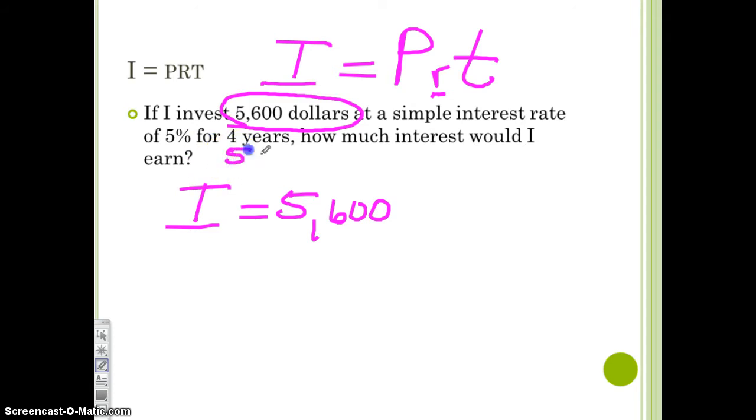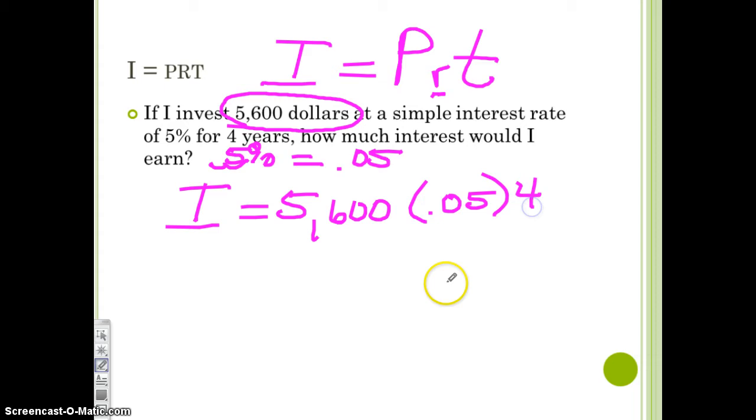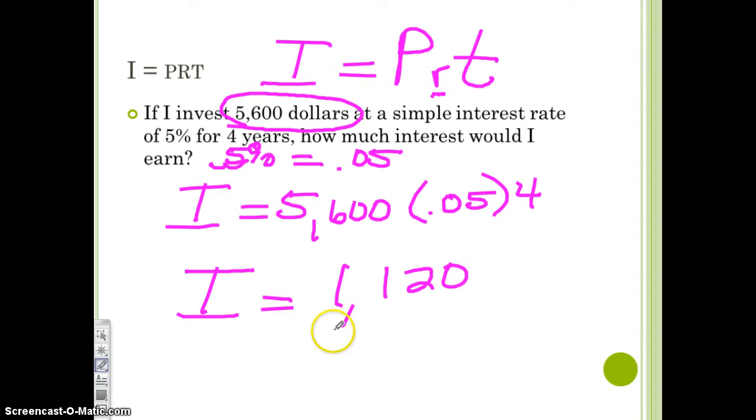We move the decimal 2 places, 0.05. And our time is 4 years. If you multiply those all together, you get 1,120.